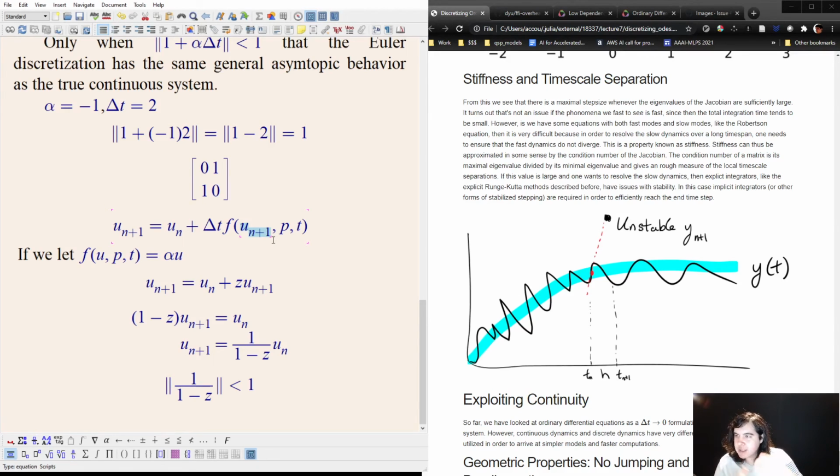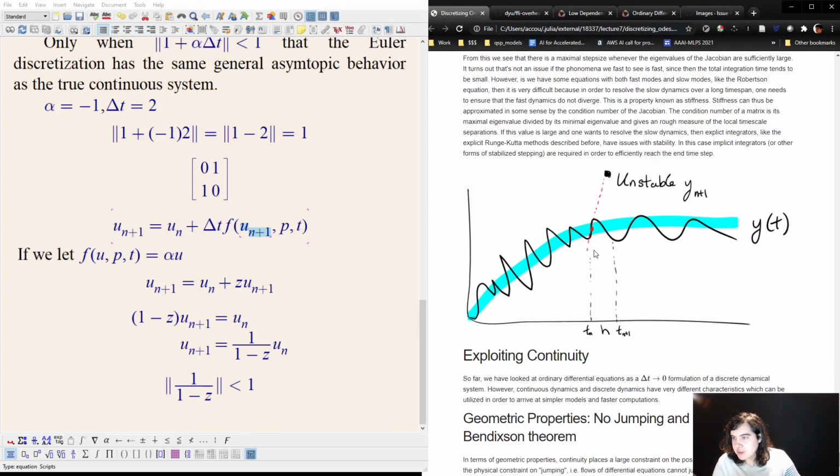And in some sense, it's averaging all these different values to give you this average derivative, and basically finds the derivative of the light blue curve here, and then it steps forward along the light blue curve. So it's still only a first order method, but it's a method that is not prone to these instabilities due to larger time steps.